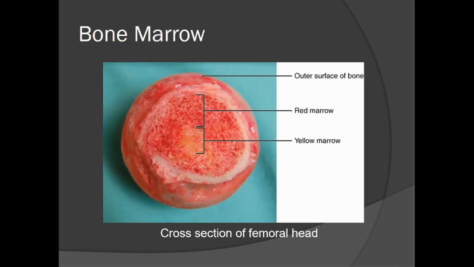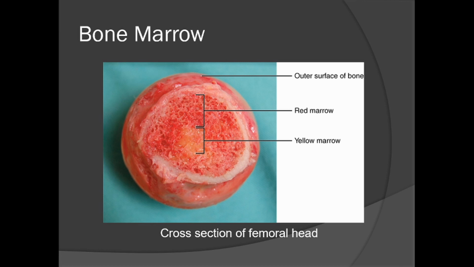And so you can see in this cross section of a femoral head, somebody must have had a hip replacement done, or some orthopedic work done on the proximal end of their femur. And you can see in the cross section, as a bone saw has cut through that, the outer surface of the bone where the periosteum would cover that, and then the red marrow and a little bit of yellow marrow right in the center, in the heart of the femoral head.